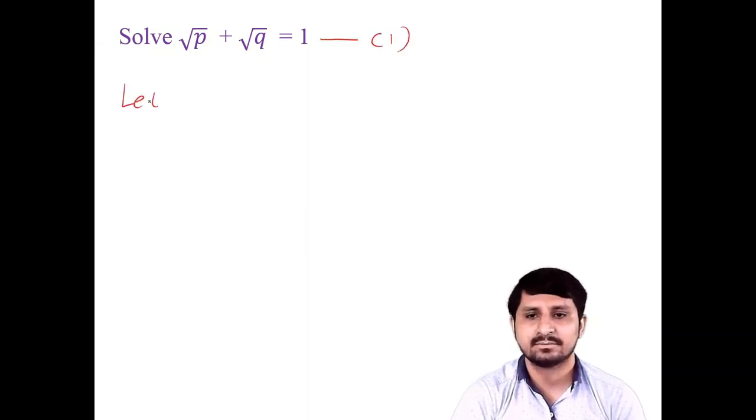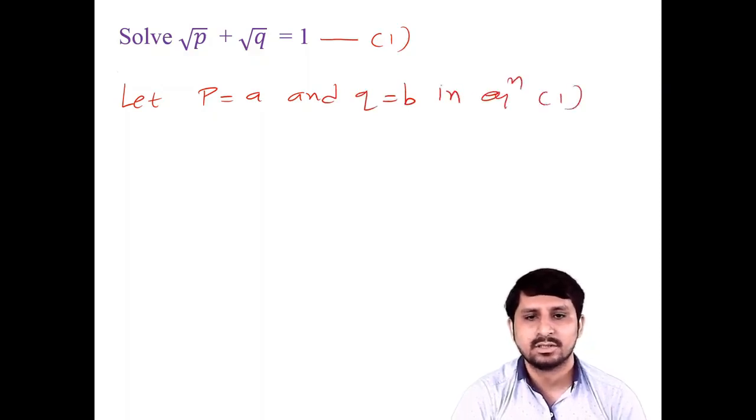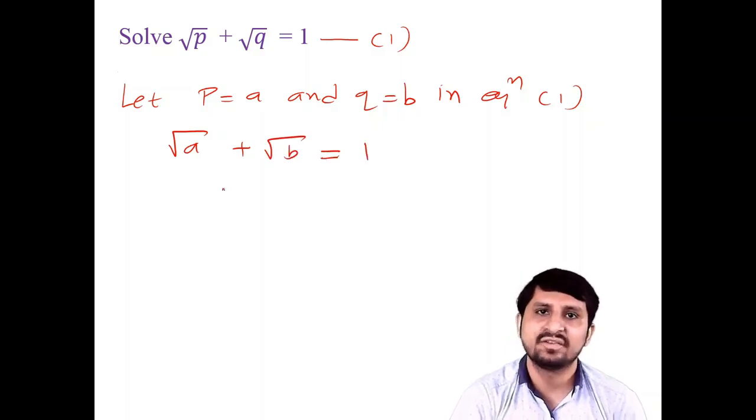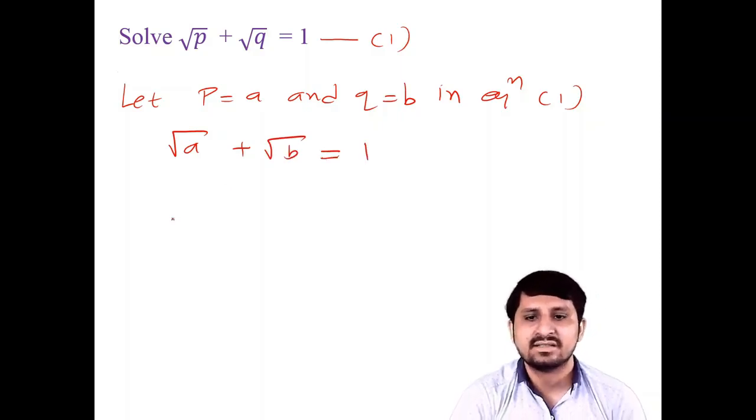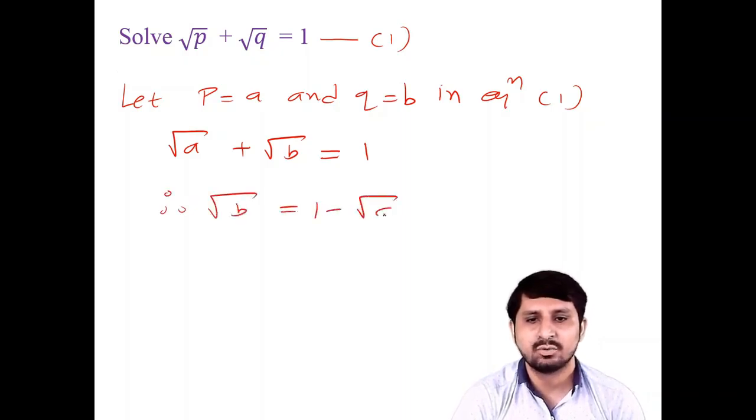Let's take p is equal to a and q is equal to b in equation number 1. So root a plus root b is equal to 1, and we want to find the value of b in terms of a. So root b is equal to 1 minus root a.